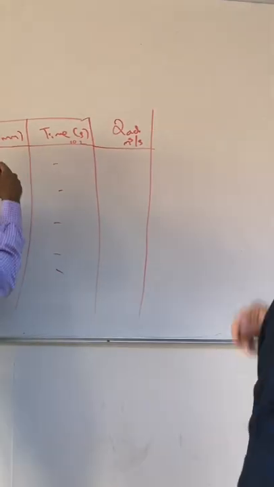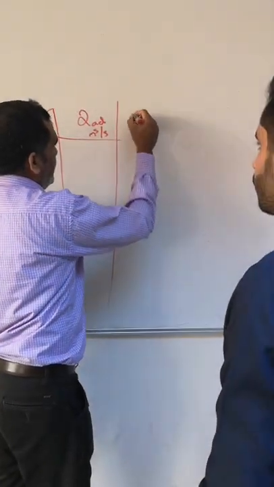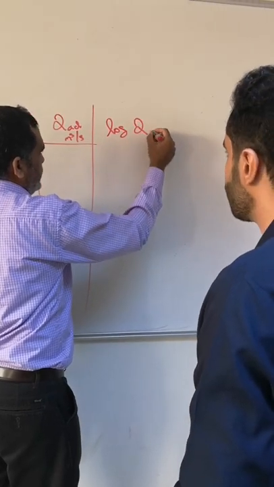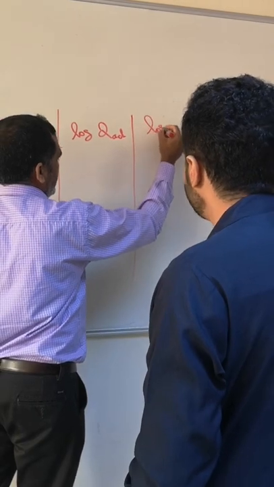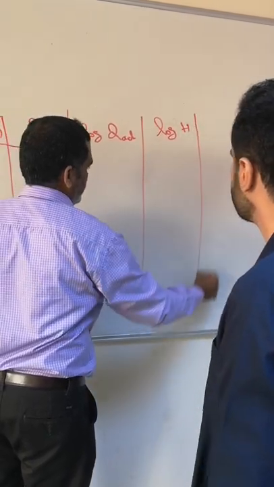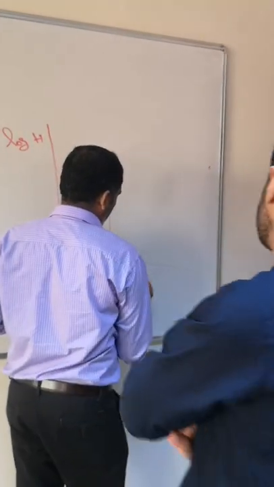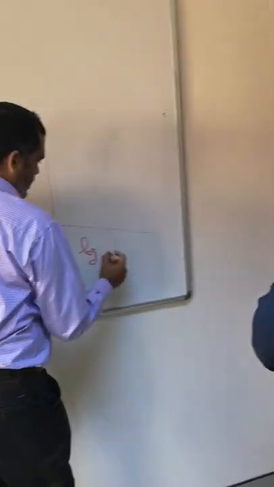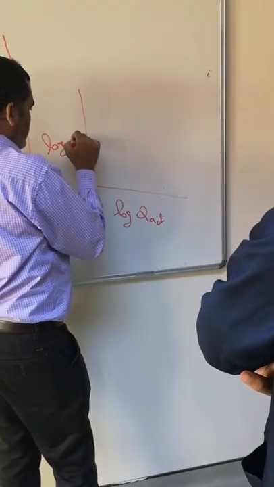Height will be in mm, so you need to convert into meters. Then you take log Q actual and log H, and draw the graph between log Q actual versus log H.